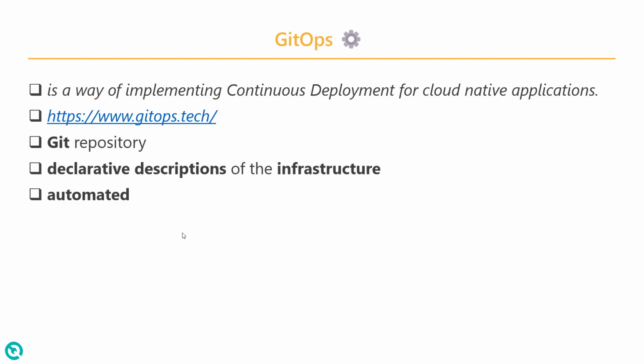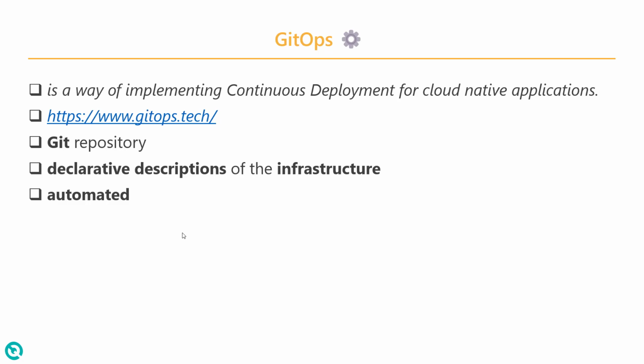So before we see the features of GitOps in Litmus Chaos, first let us understand about GitOps. GitOps is an operating model where you implement your continuous deployment for your cloud native applications. Everything will be oriented towards your Git repository.